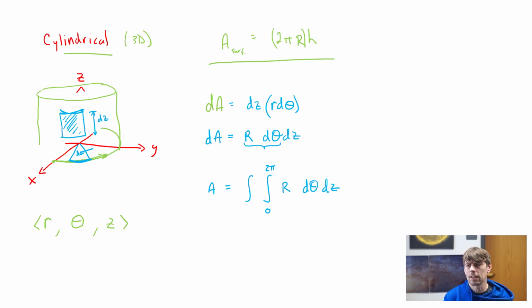I know you didn't forget that, but I was just checking. Z? Yeah, we said the body of the cylinder has a total height h. And so the z integral should go from 0 to h to encompass the entire cylinder.